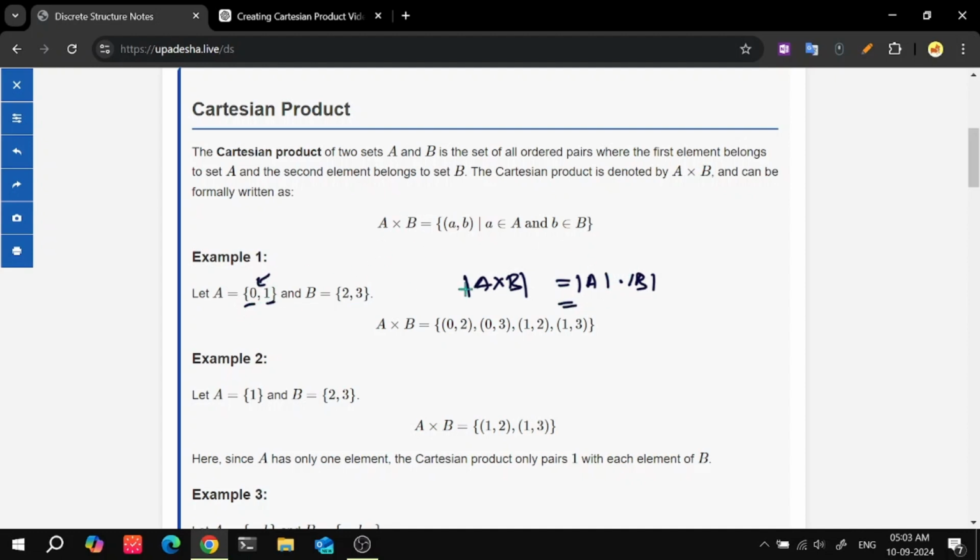It is 2, into the number of elements in B, which is 2, and this is equal to 4. See, this is 1, 2, 3, 4. In the other case also, the number of elements in A is 1, into the number of elements in B, which is 2, and this is equal to 2, and that's why we have got 2 pairs. I hope this one is clear.